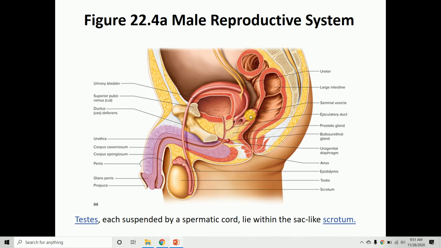And you can find 3 glands actually: the seminal vesicles, the prostate gland, and the bulbourethral glands. All of these glands are going to be discussed individually in the next tutorial. And then followed by the urethra that will take the semen to the outside of the body.